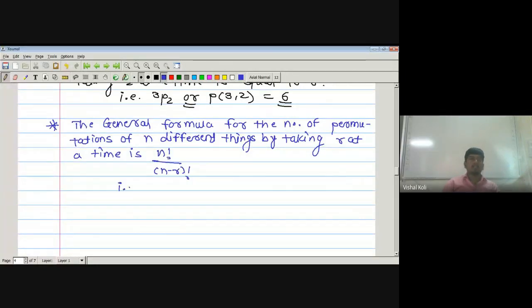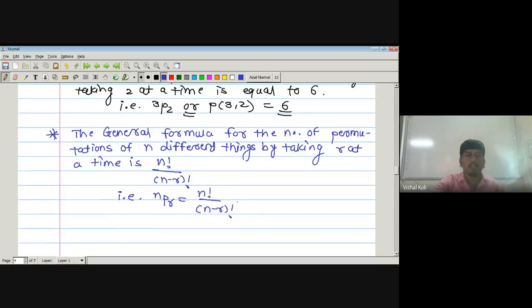That is, the number of permutations of n different things by taking r at a time is nPr, which is equal to n factorial upon (n minus r) factorial. So this is the general formula to find the number of permutations of n different things by taking r at a time.